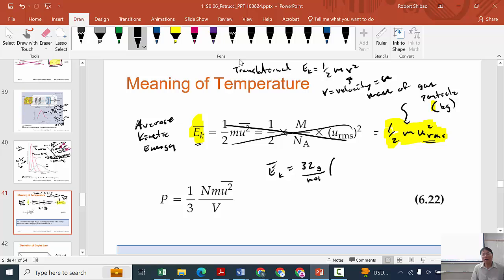Then we're going to convert it to kilograms. And then we don't want it per mole, we want it per molecule, so I'm going to convert moles into molecules.